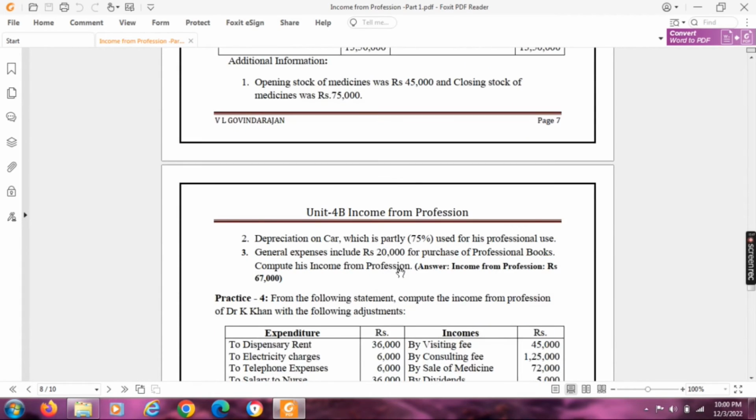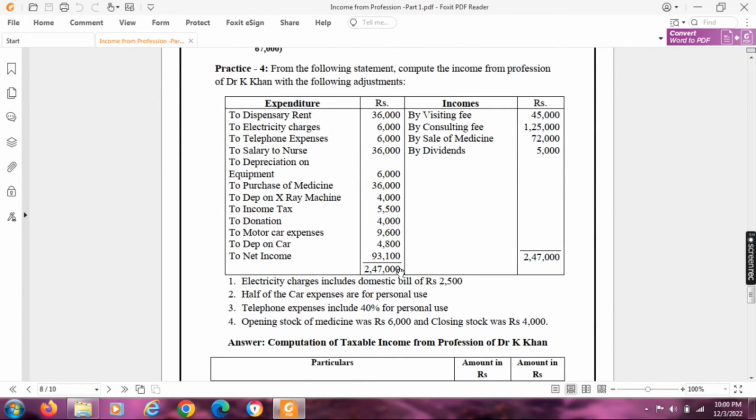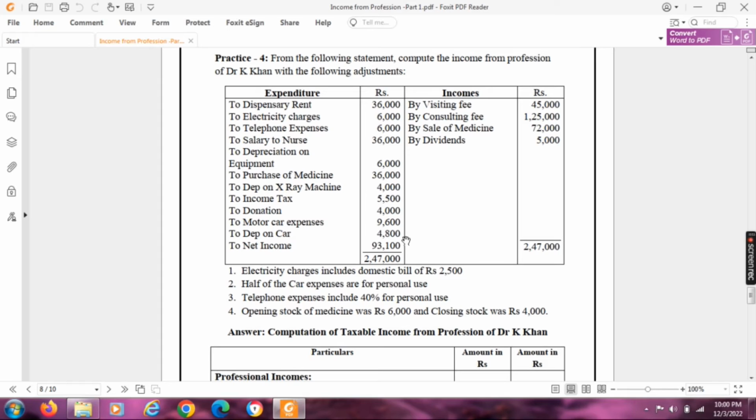In the past 3 problems, the receipts and payment account was given in the question itself. But in this problem, practice 4, from the following statement, compute income from profession of Dr. K. Khan with the following adjustments. Actually, he submitted an income and expenditure account.